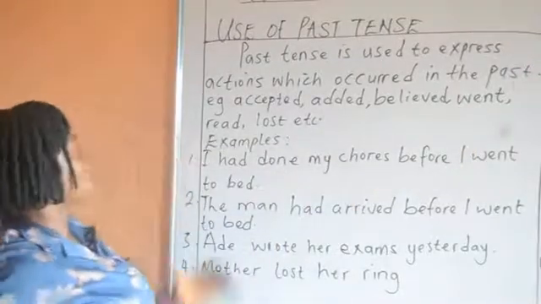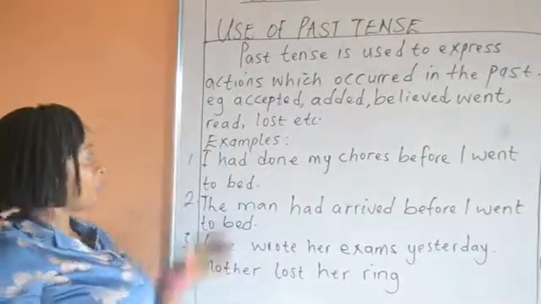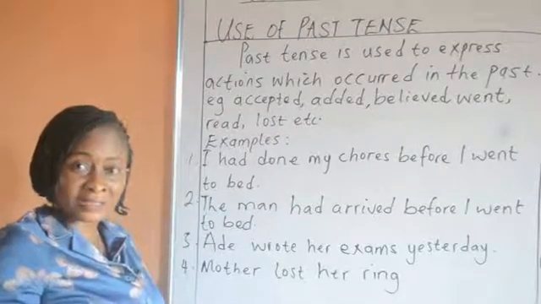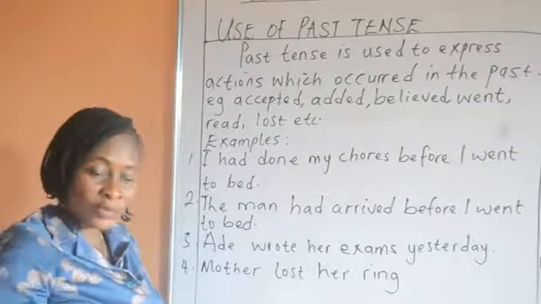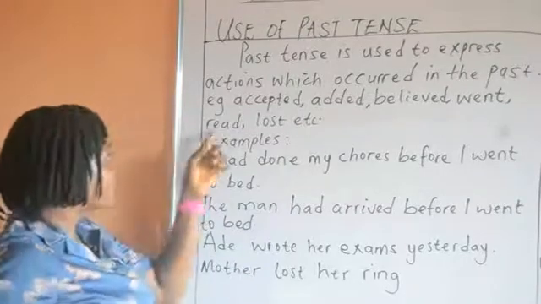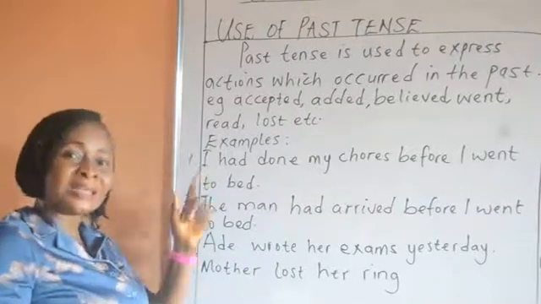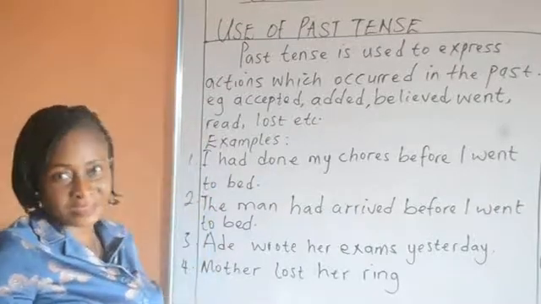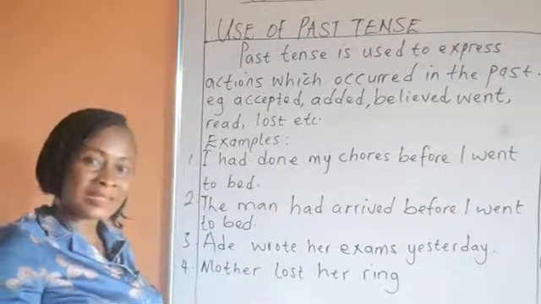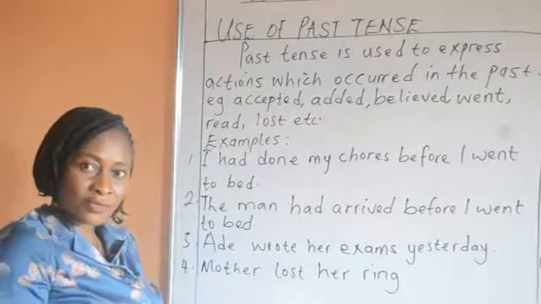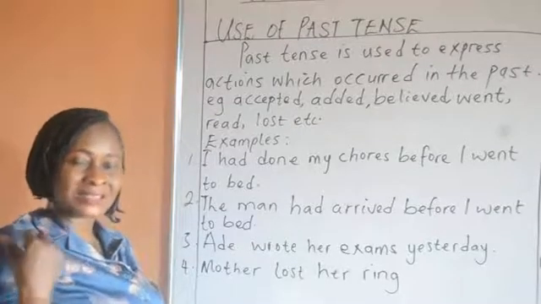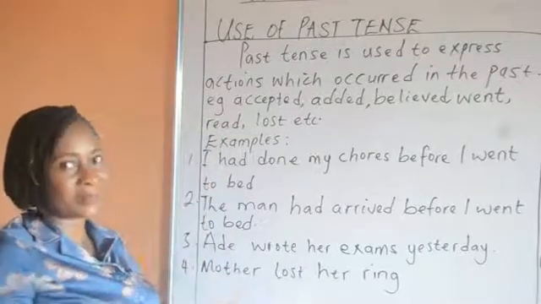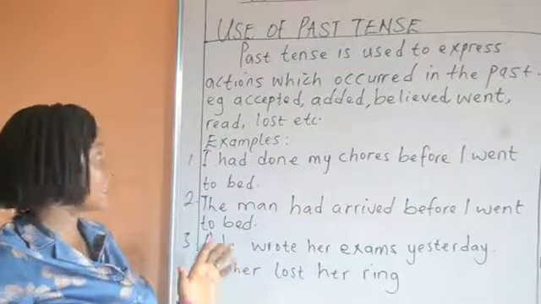Then this other one, R-E-A-D, as it is, it's pronounced as what? Read. To read is the present tense. But the spelling is the same for the past tense, which is what? Read. I don't know if you understand.